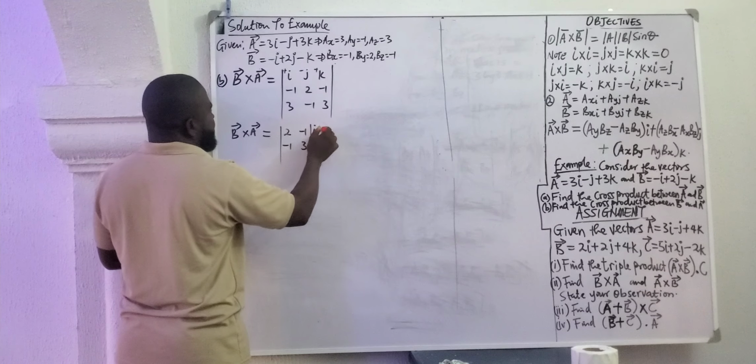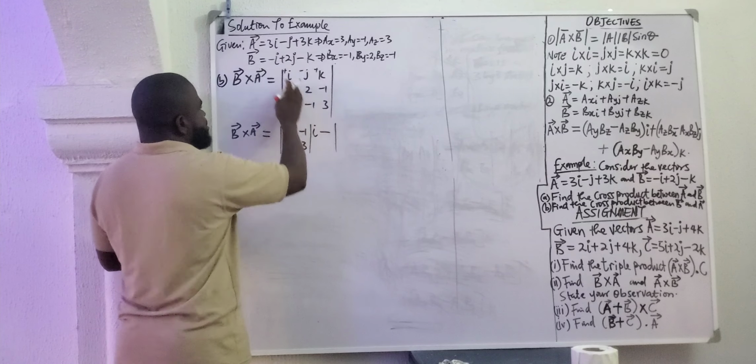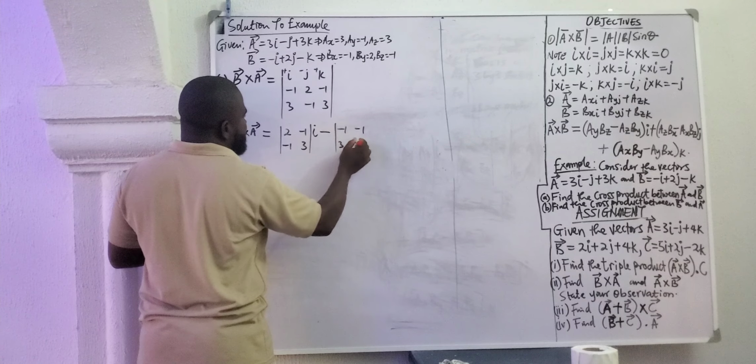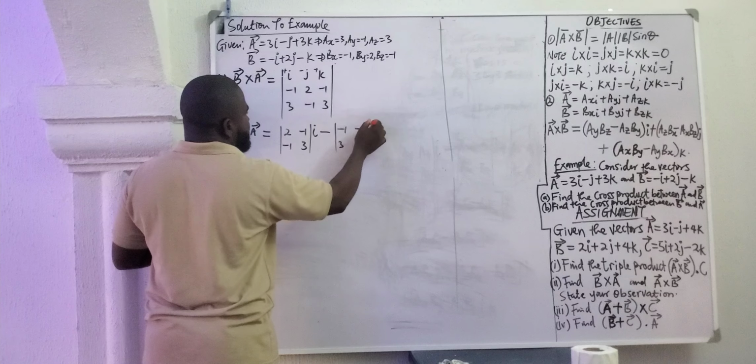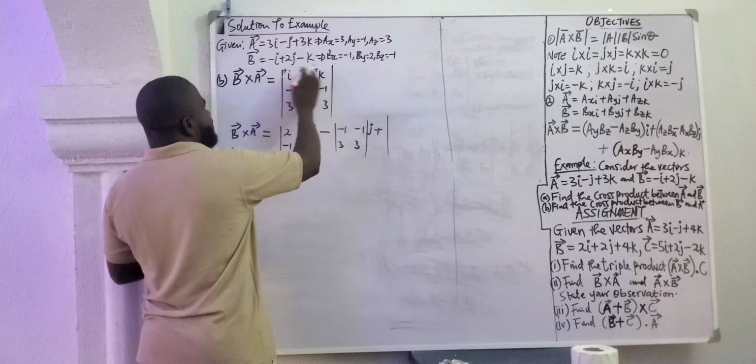Multiplying what? I. Minus, I reduce the row and column. This and this, I have minus 1, 3, 3, J. Positional sign plus, I reduce the row and column.